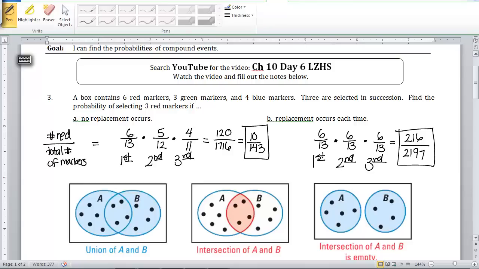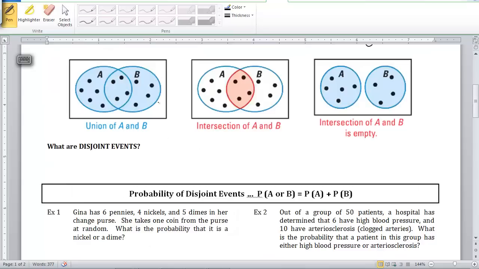Now, in probability, we have events that are disjoint, which is the same thing as mutually exclusive, and we also have overlapping events. Let's first look at the 3 possibilities. So in this first one here, you can see that there's some overlap.